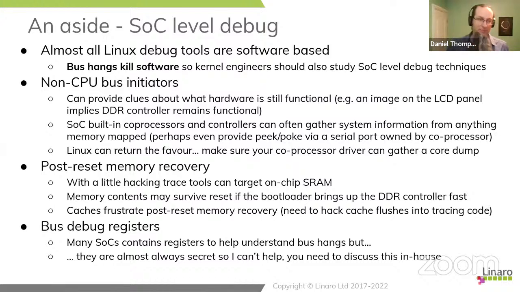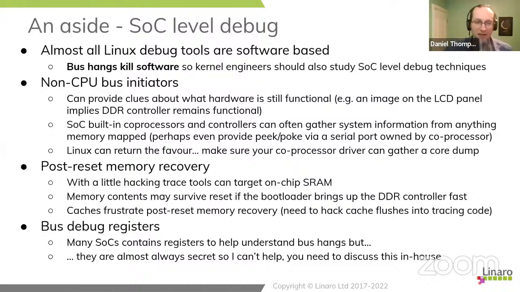Other things you can do at SOC level debug, things like post reset memory recovery. We've given some hints about this already. The bootloader, if it can reboot fast enough, can keep the refreshes running on the... sorry, I'm moving ahead. Post-reset memory recovery. First and simply, if you have SRAM on the chip, if there's any little on-chip SRAMs, quite often they're for trust zone, but if you've not got trust zone enabled, you can use them for debug as well.